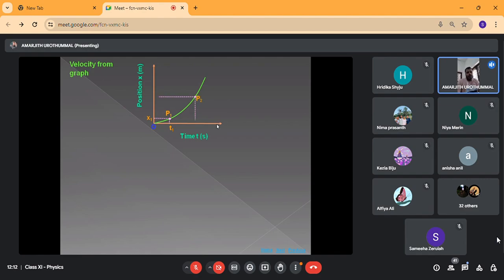Another point P2 I have taken, which is having a coordinate of position as x2 and time as t2. Now I want to find the velocity of this object between point P1 and P2. Can anyone tell me how to find it? How can I find the velocity of the object between point P1 and P2?